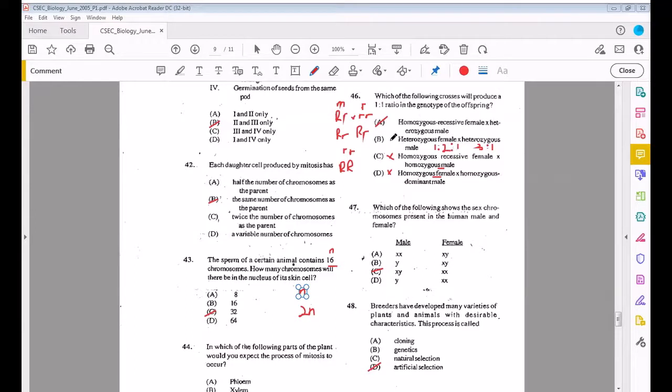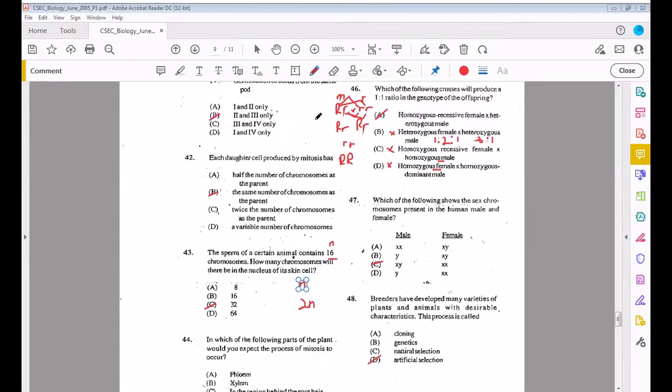So the answer would not be B. The answer would be A. So if we just do the quick math, you get two that are heterozygous and two that are homozygous recessive. So 2-to-2, which is a 1-to-1 ratio. That's the reason why A is the answer.